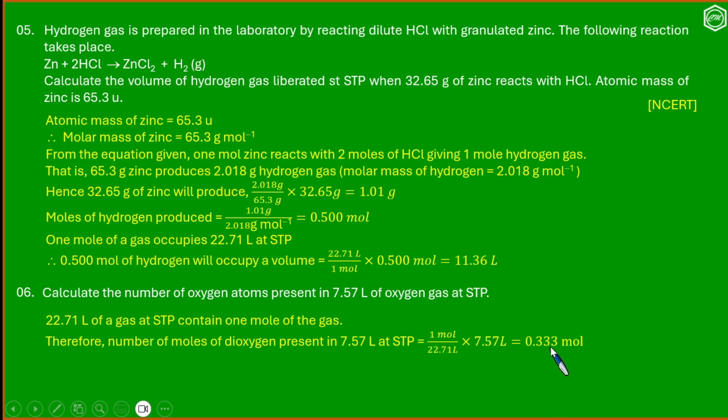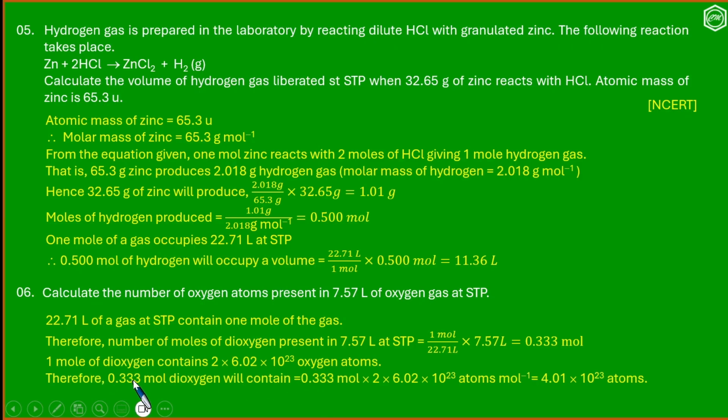That equals 0.333 mole. 1 mole of dioxygen contains 2 into 6.02 into 10 raised to 23 oxygen atoms. Therefore, 0.333 mole dioxygen will contain 0.333 mole into 2 into 6.02 into 10 raised to 23 atoms per mole, or that equals 4.01 into 10 raised to 23 atoms.